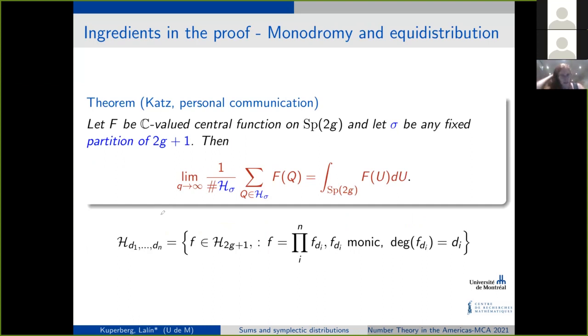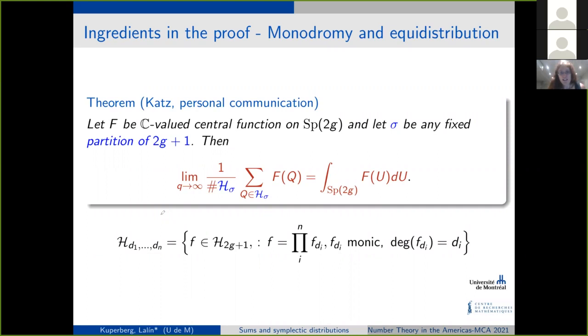And he came up with this very, very beautiful idea that you can prove that the monodromy of not just H_{2g+1}, so not just the whole square free polynomials of fixed odd degree, is a symplectic group, but also if you prescribe certain factorization inside them.